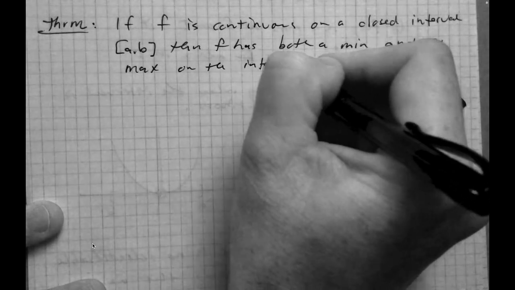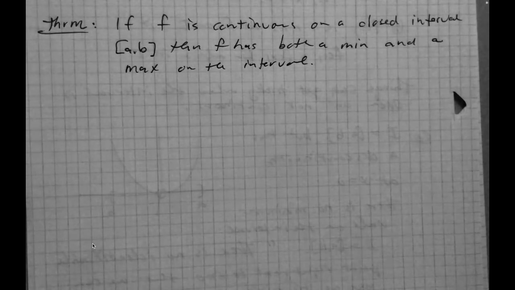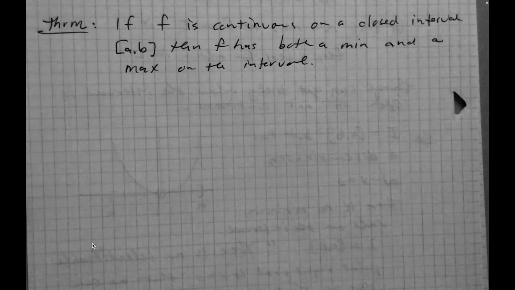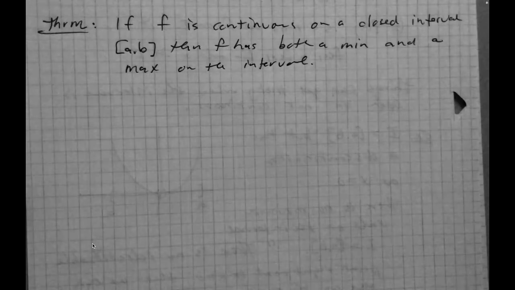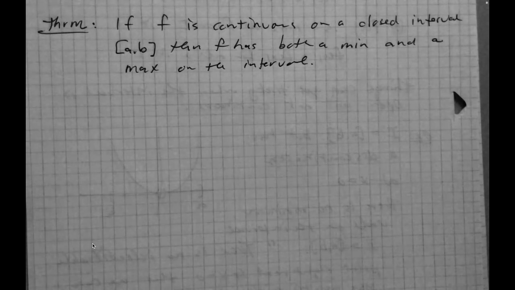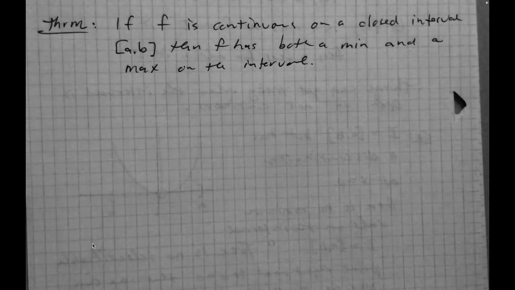So if it's an interval that's closed and continuous, then you're definitely going to have a max and a min. And we'll do some examples in a moment to talk through that.